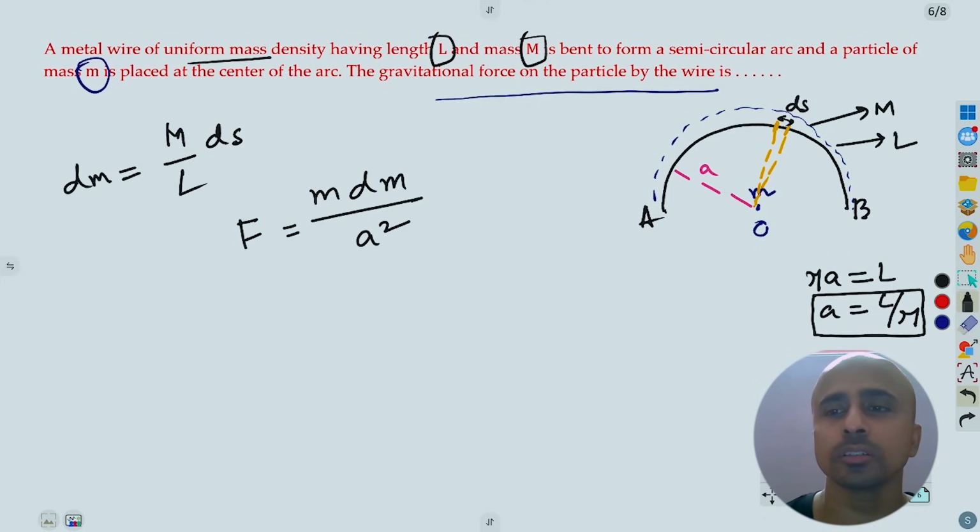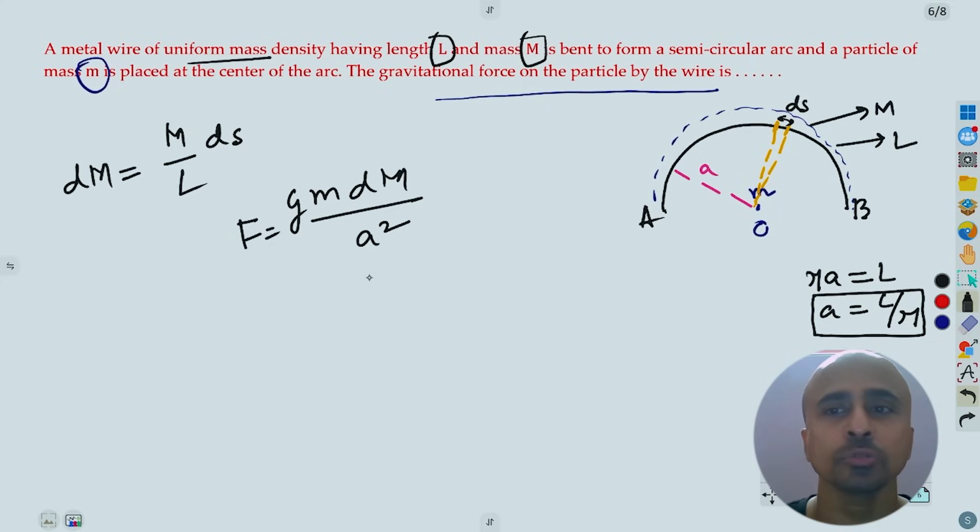Let's make it capital N, because that is too confusing as we have small n here. So the mass of the small segment is dm, and G is the gravitational constant. So the magnitude of the gravitational force is this.